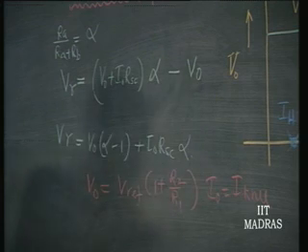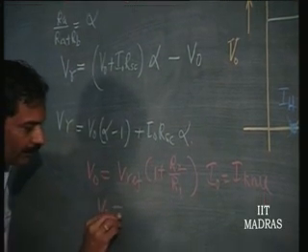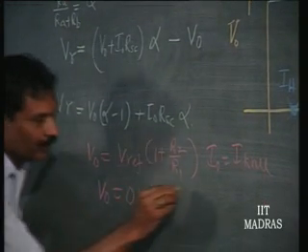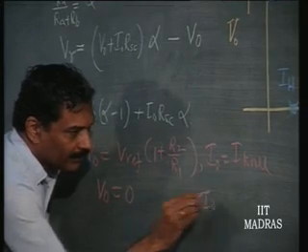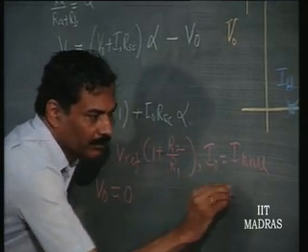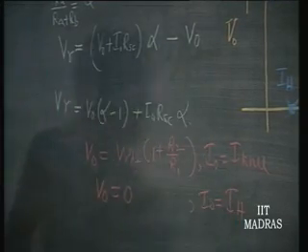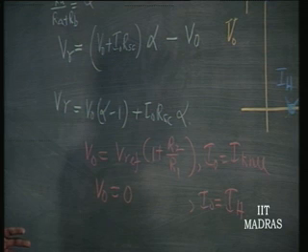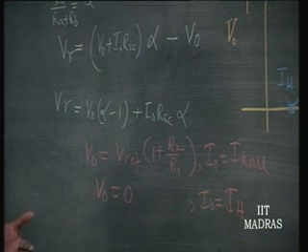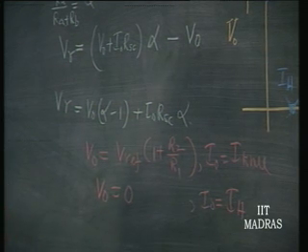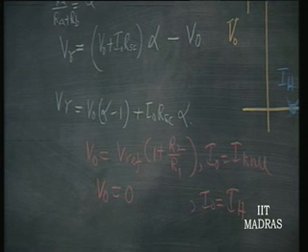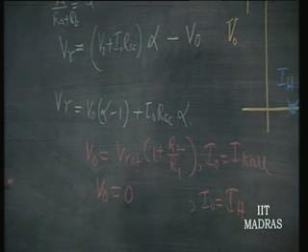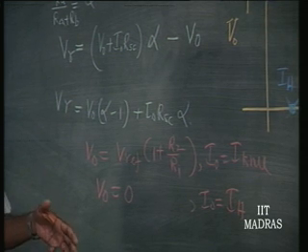The other point is V naught equal to 0, I naught is equal to I hold. What would you like to have it as? 0. But we know it cannot be 0 simply because we have to hold. That is why I hold needs to be non-zero. But then I would like to have it as small as possible.